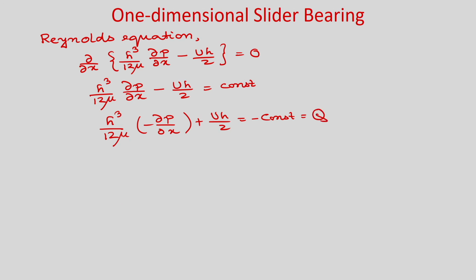So, from here, as p is a function of x, we can write dp by dx instead of del p by del x is equal to 6 mu u by h square minus 12 mu q divided by h cube. So, now we have found the pressure gradient.